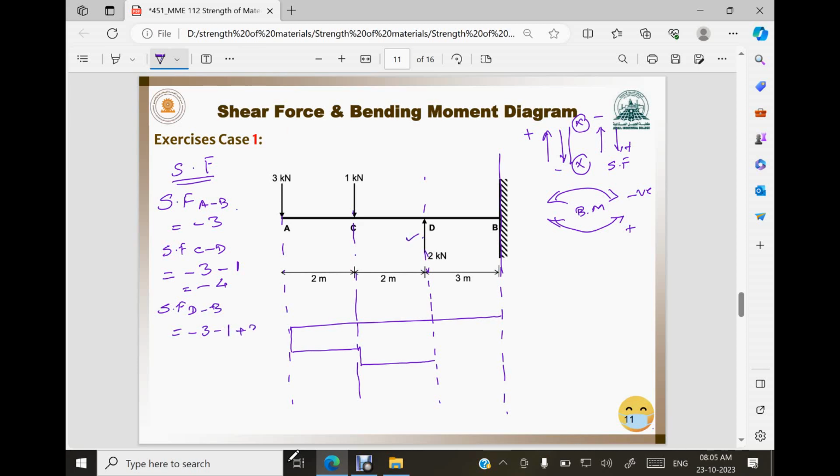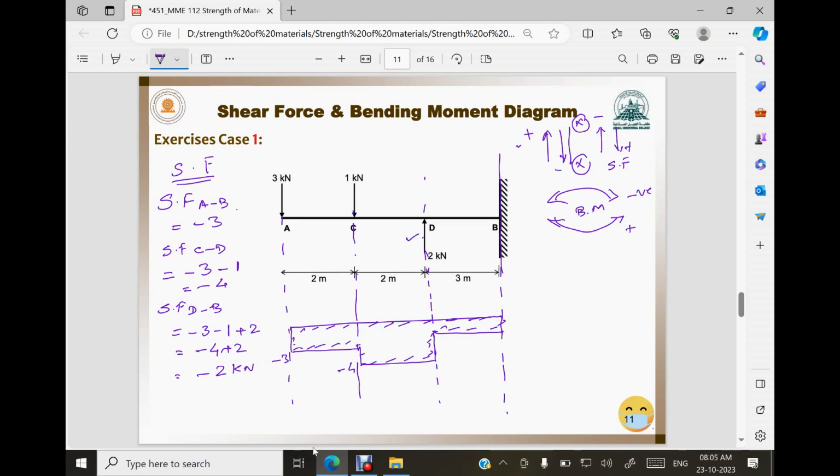So I should write +2. Left side upward is positive, is it not? So this becomes -4 plus 2. That is -2 kilonewton. So this was -3, this was -4, and now I am having -2 somewhere here. So this is my shear force diagram. You can see here over the length of the beam how shear forces are changing.